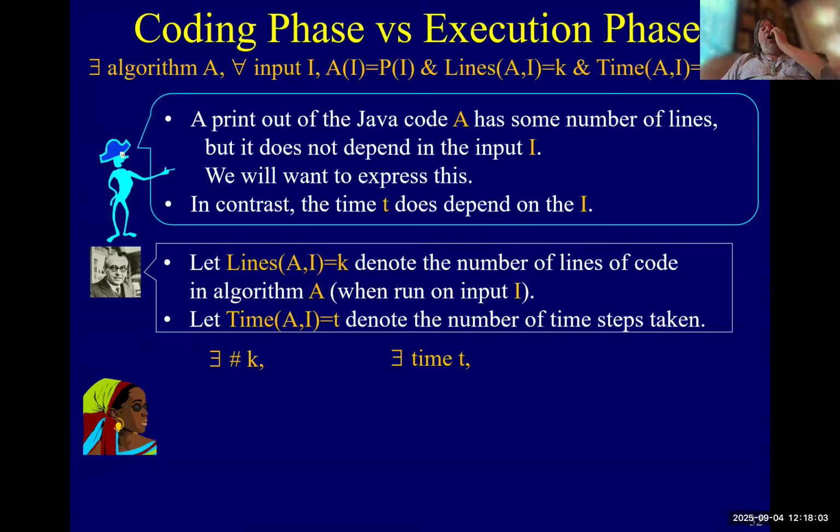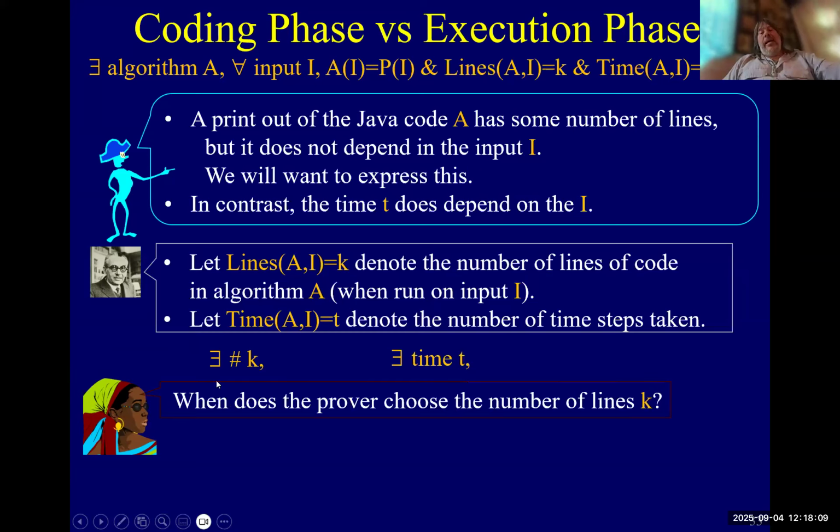It's not all t. There exists some t that bounds the time. All right. Now, who gets to choose the K and who gets to choose the T? You think about it. Does the programming guy coming up with the code choose the K? Does he choose the T? And what about the adversary, who is coming up with the input?